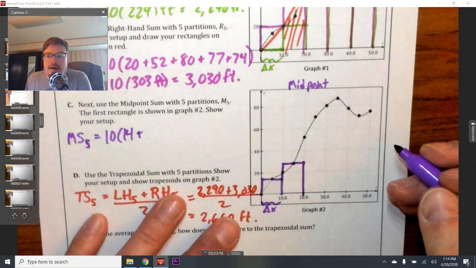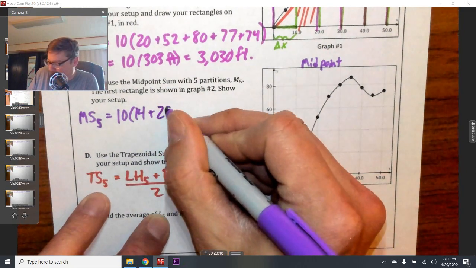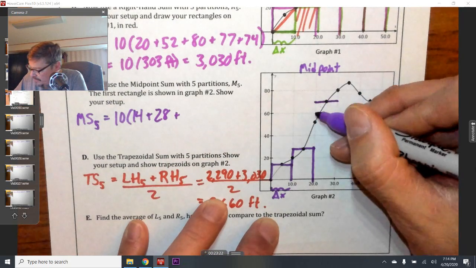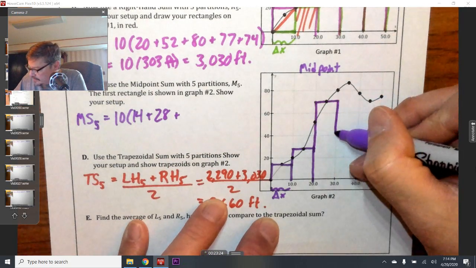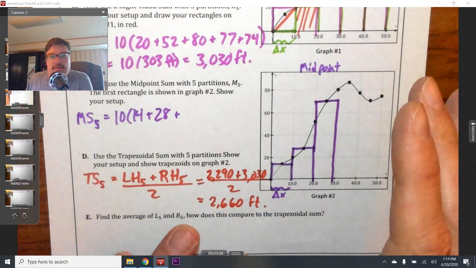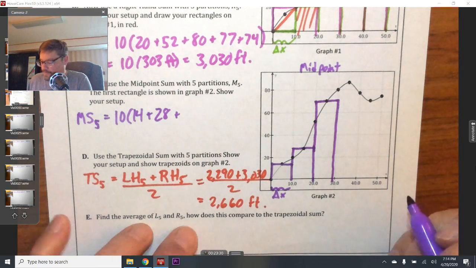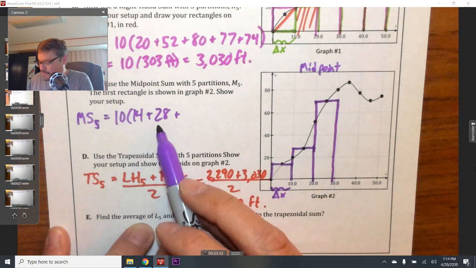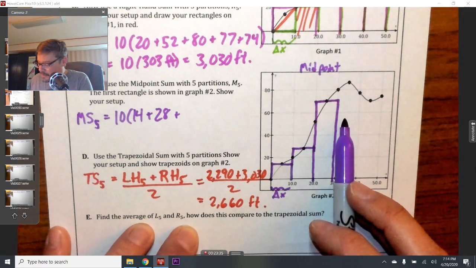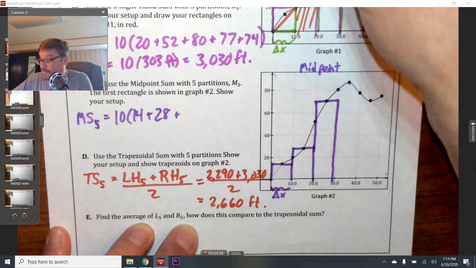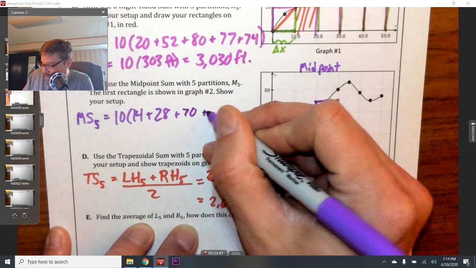The midpoint here is right there. You can see that the midpoint is neither an over nor an under, kind of. It really finds that sweet spot. And at 25, it's 70.